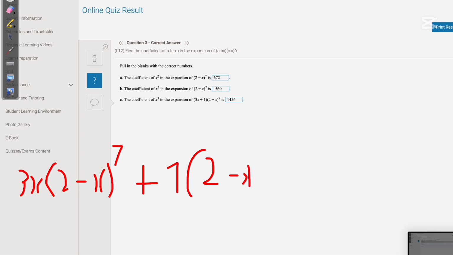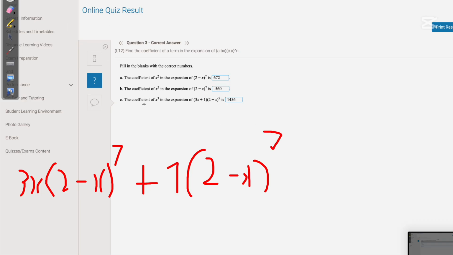This is because we distribute like this, right? Not like this. You distribute a and b, which is 3x and 1, to c, which is 2 minus x to the power of 7. So we basically put it twice, and since in this case it's 3x plus 1, we add them together.